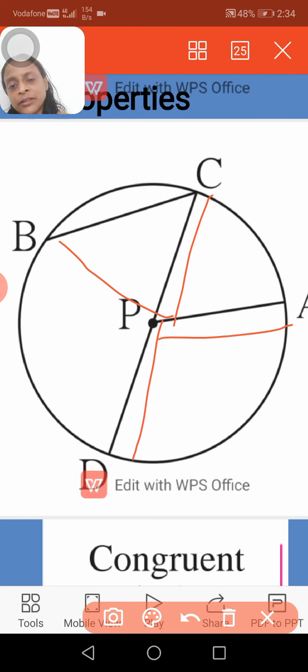Radius is generally denoted by the small letter r.